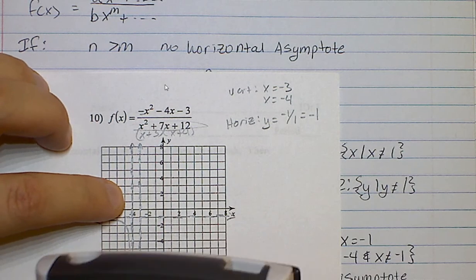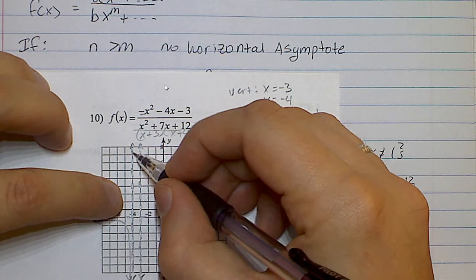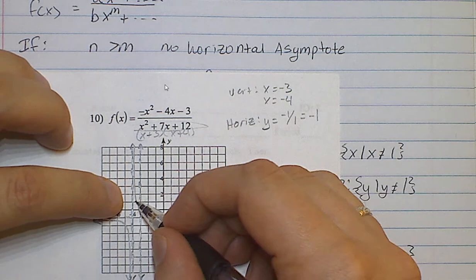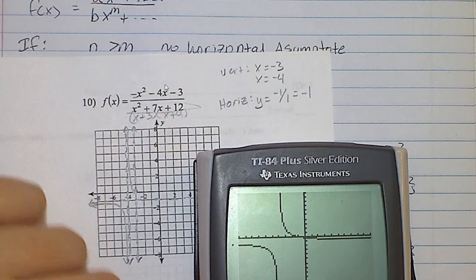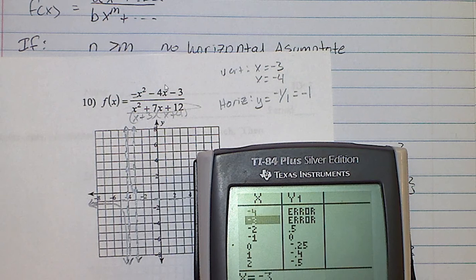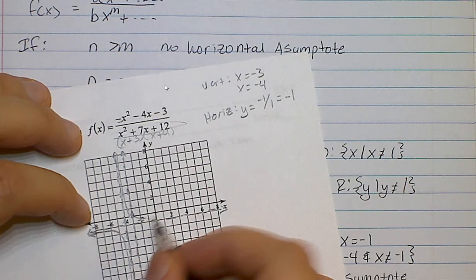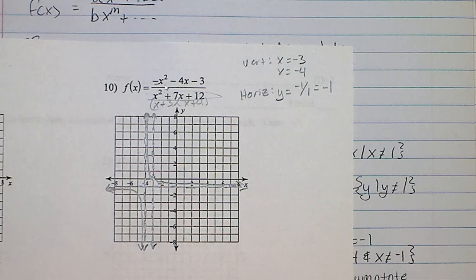What's happening with the asymptote at -3 is it approaches that value, but it doesn't actually have a value at -3. If you were to look at your table, -3 has an error and -4 has an error. And then it just goes like that. I'm not being super accurate here, I'm just making sure not to cross the asymptotes. Ta-da! Done.